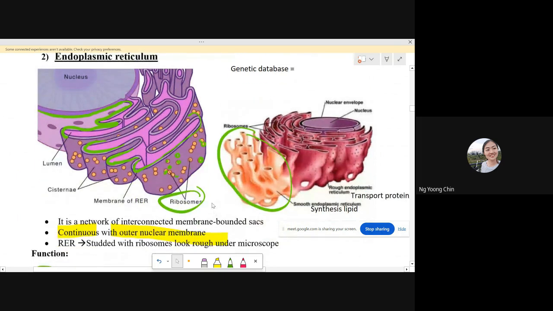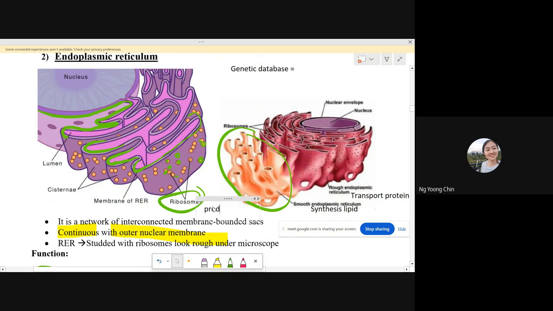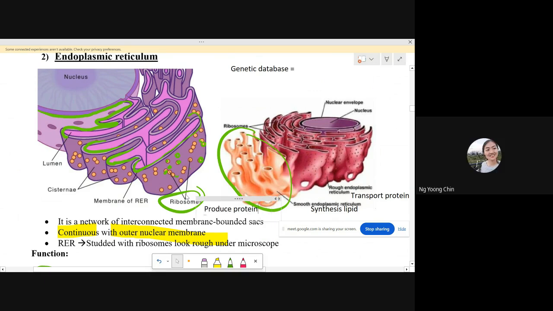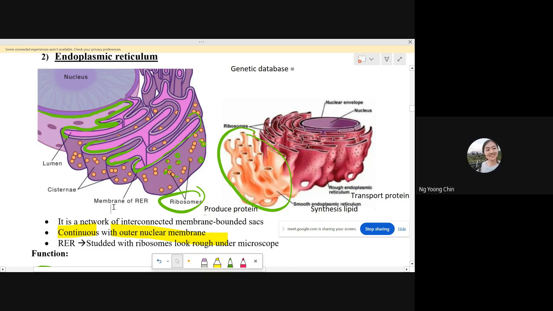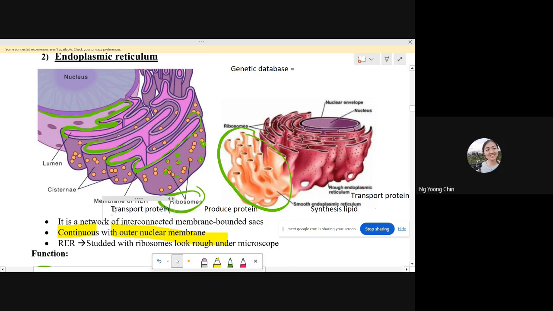So ribosomes produce proteins, and after they are produced from the ribosome, the proteins are transported by the rough endoplasmic reticulum to the outside. So one produces and the other transports. Remember the key points only.